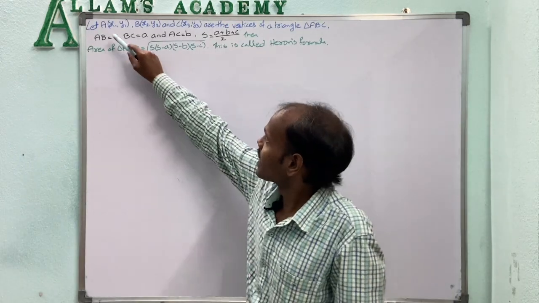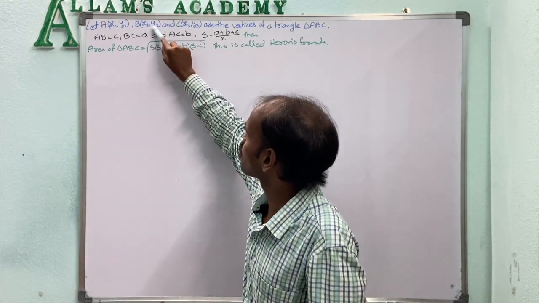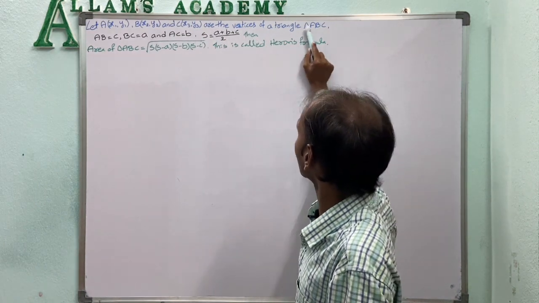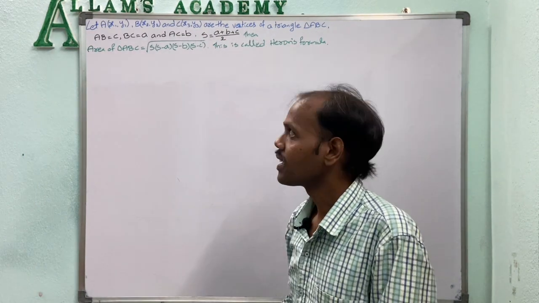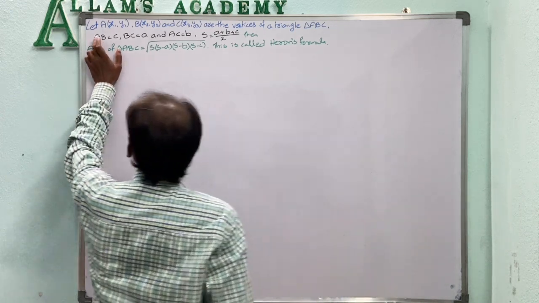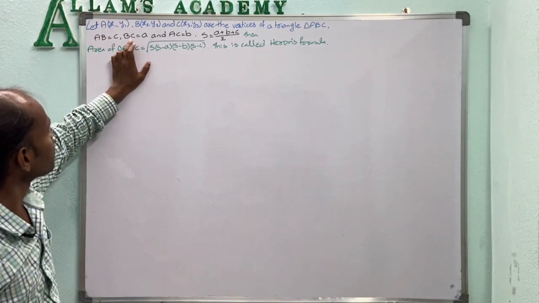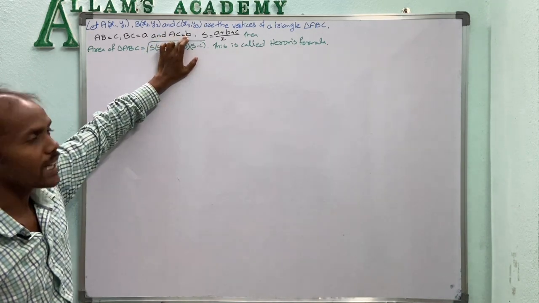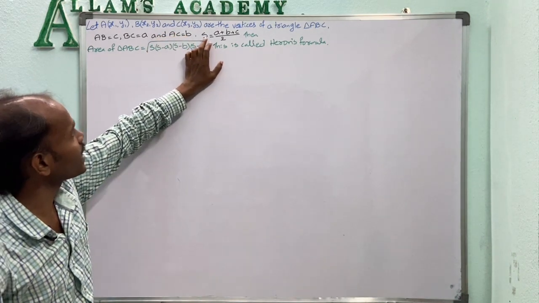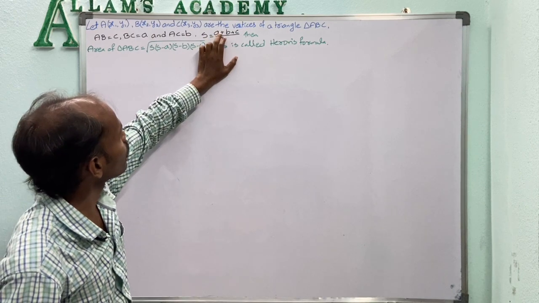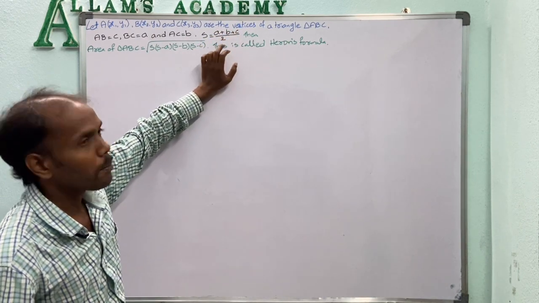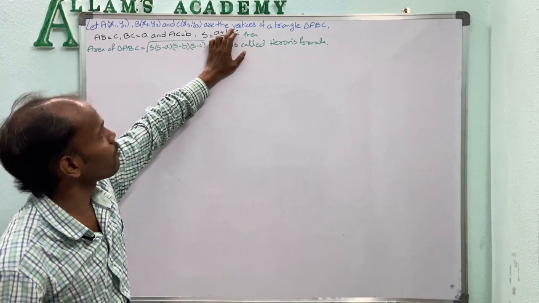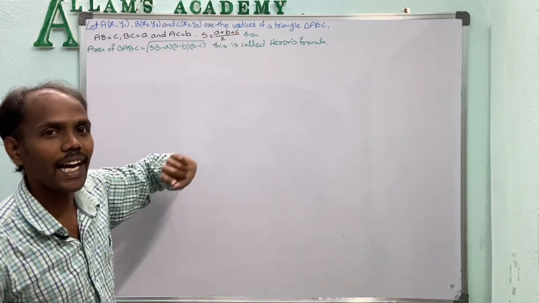Let A(x1, y1), B(x2, y2) and C(x3, y3) be the vertices of a triangle ABC. Then AB equals c, BC equals a and AC equals b. In that order, S is equal to (a plus b plus c) by 2. That means S is nothing but half of the perimeter of the triangle.